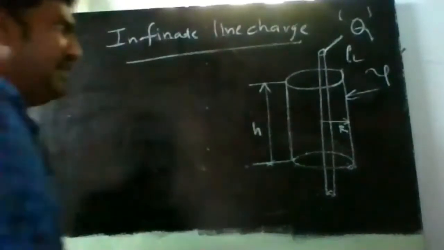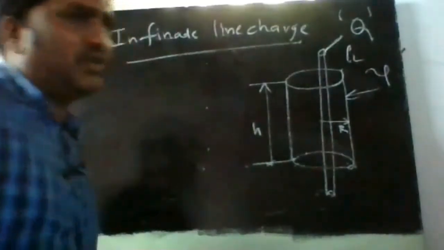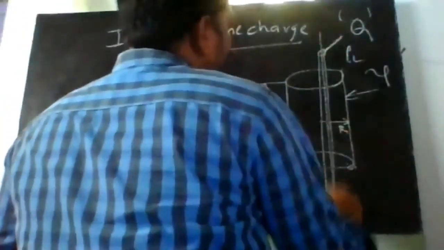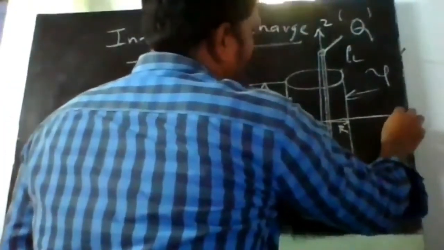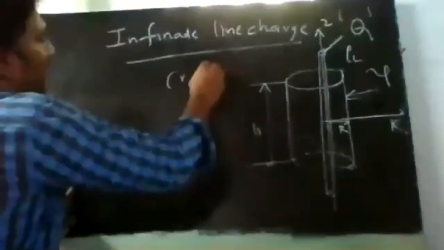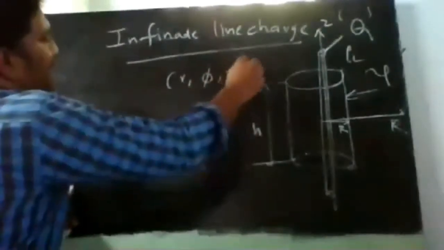Okay, so in cylindrical coordinate system, what are the coordinates we have? Right, we have three coordinates. One is the height of the cylinder, that is the z axis, z coordinate, and then the other coordinate is the r coordinate, that is the radius of the cylinder, r. So you represent a cylindrical point as r comma phi comma z, right?